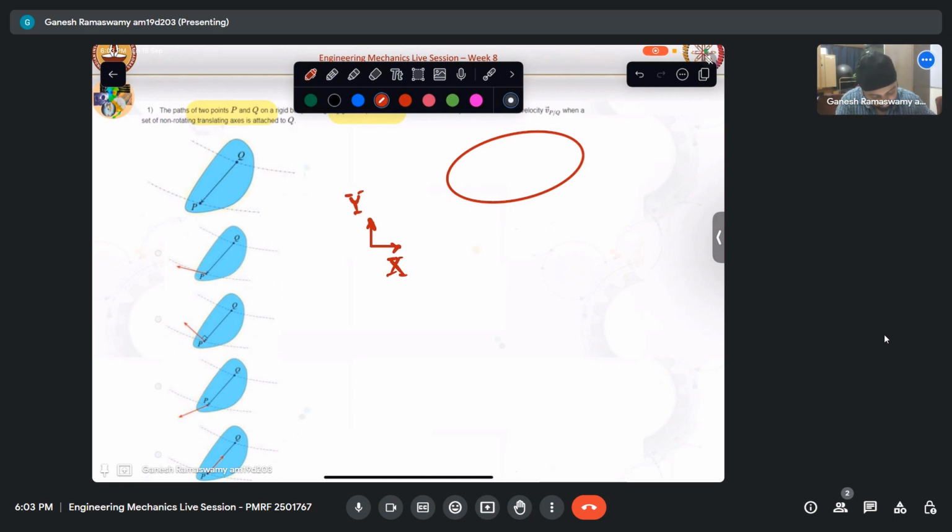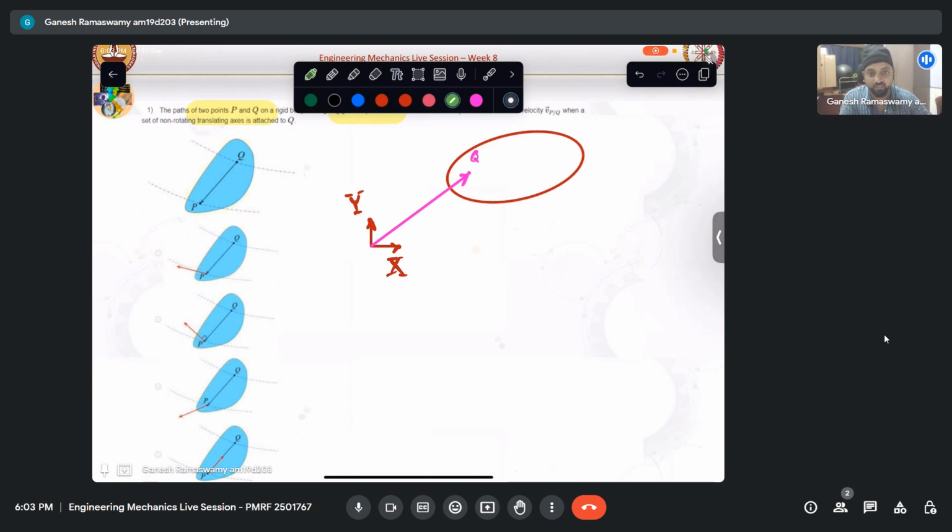Okay. So now initially what we do is we take one point, any arbitrary point, let us say some q. And then with respect to the fixed frame, we draw the position vector to q. Now in order to characterize the motion of any rigid body, we need to know the velocities of at least 2 points so that we know if those are parallel and exactly the same, then it implies that the rigid body is undergoing translation.